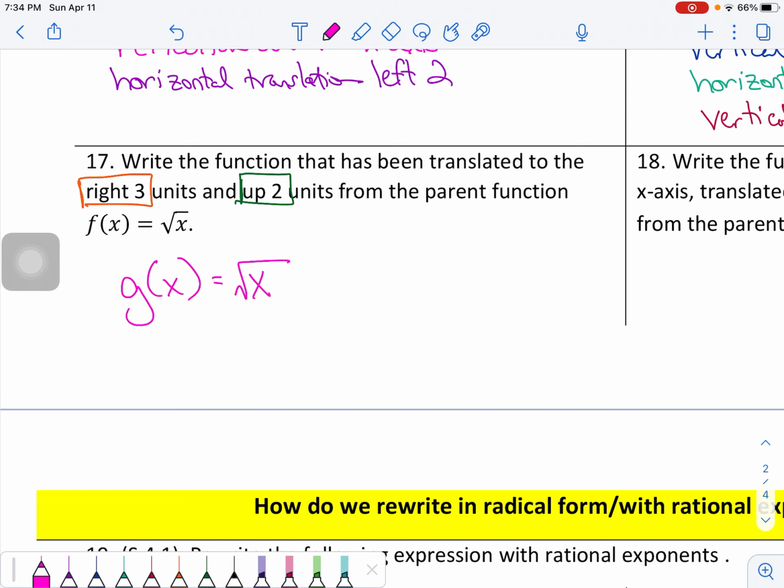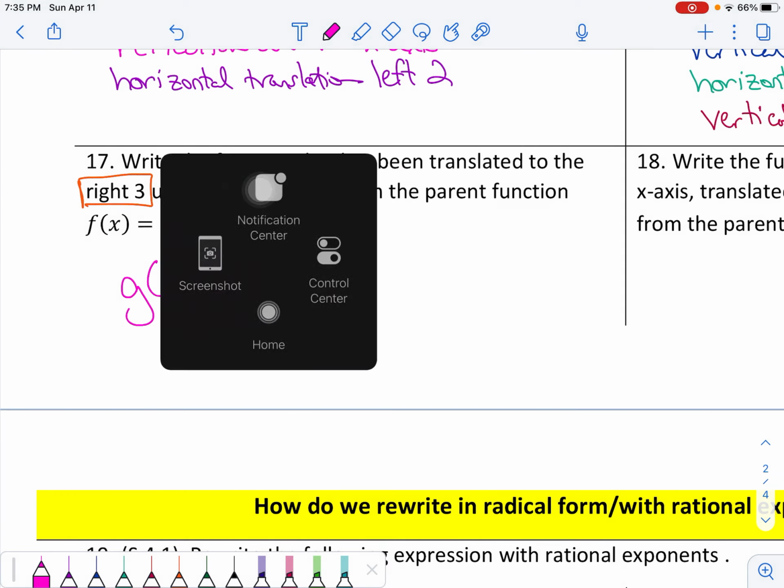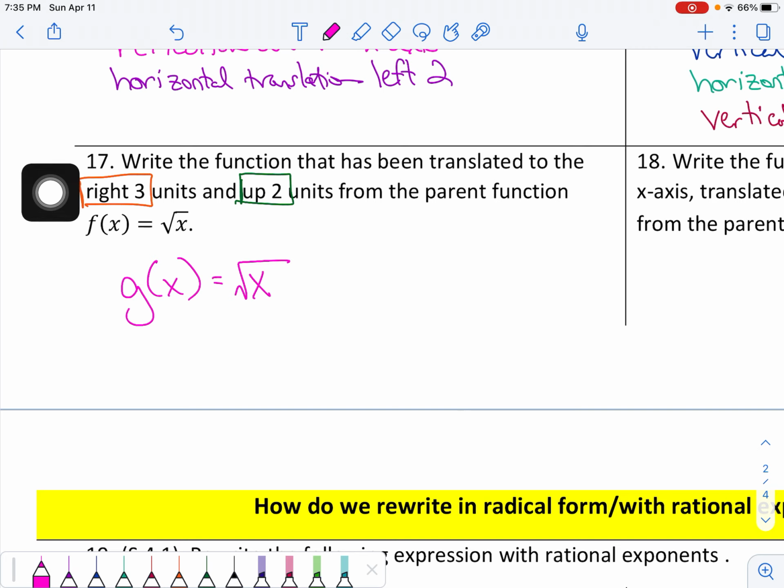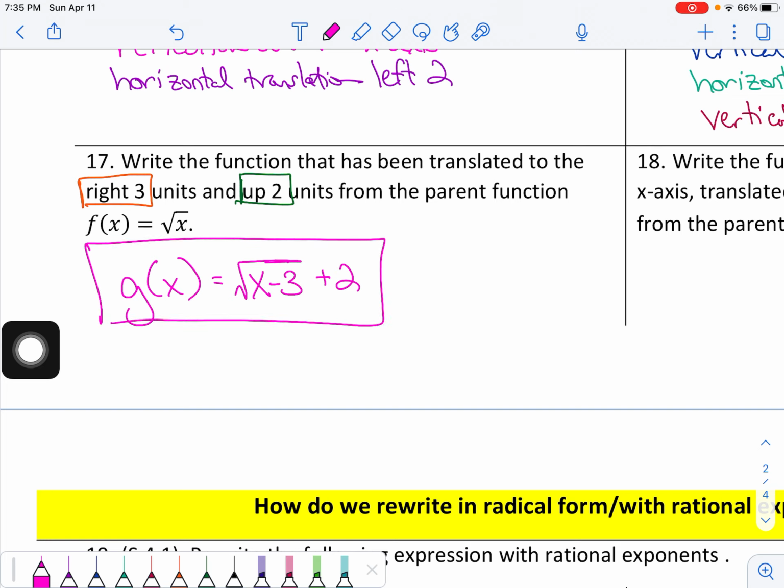All right, so there's the original function. If we're translating to the right 3, I want to do x minus 3. That would push me to the right. And up 2 is actually going to be plus 2 attached to the whole radical here outside. So that is the new function that's been translated to the right 3 and up 2.